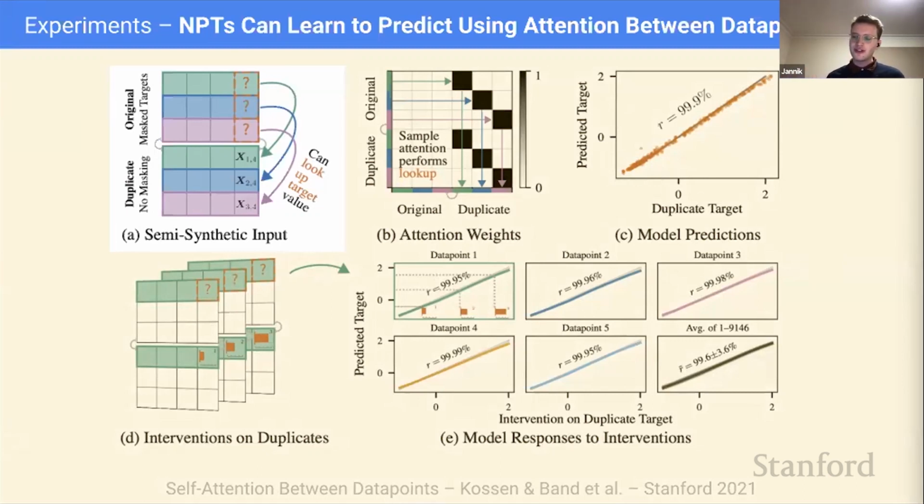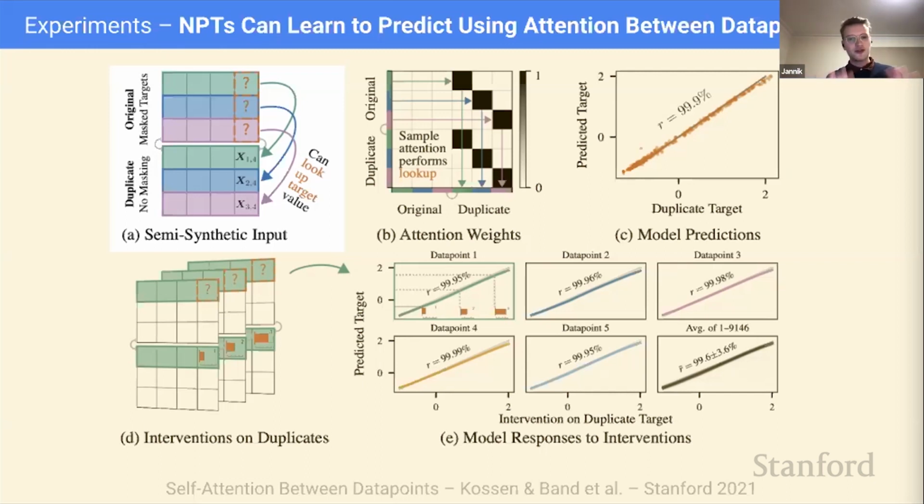The top half here is the original data set, but the bottom half is a copy of the original data set where we have unveiled the true target value. And so now NPTs could learn to use attention between data points to achieve arbitrarily good performance. They could learn to look up the target values in these matching duplicate rows and then paste them back into that masked out target value.